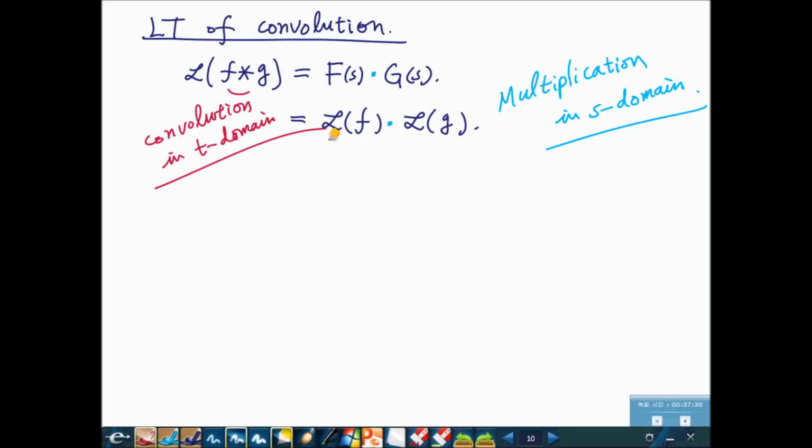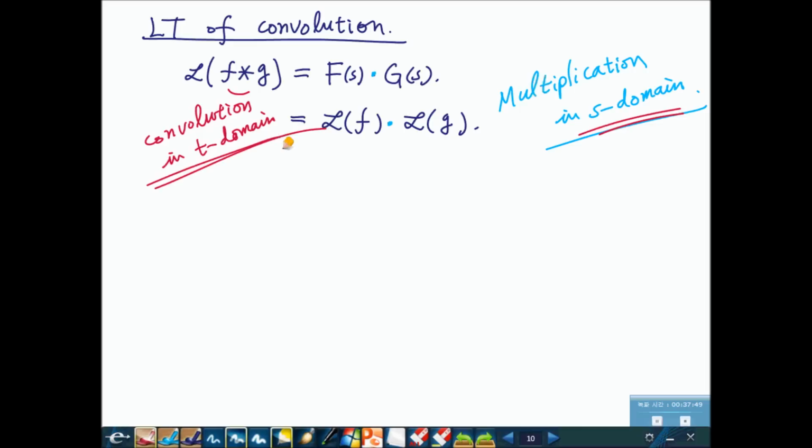That's the importance of this convolution. We need the multiplication operation in S domain, right? And it happens many times. It always happens. Multiplication of functions in S domain is simply convolution in T domain.